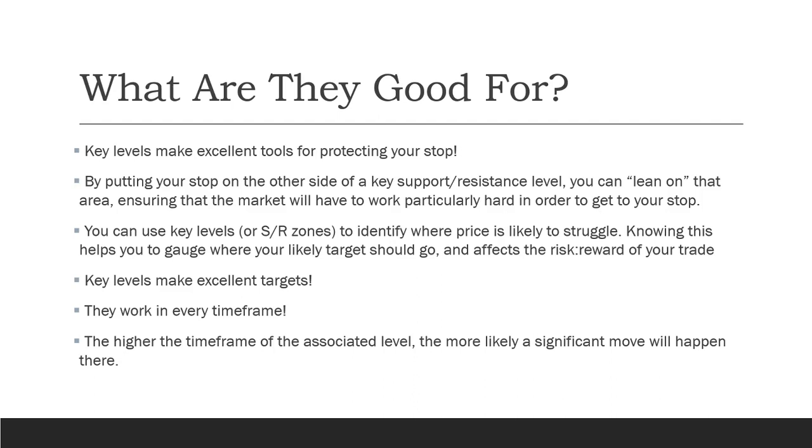You can also use key levels to identify where price is likely to struggle, and this is really helpful in identifying where your target should likely go. Typically you would want to front run a support or resistance zone by a couple ticks.